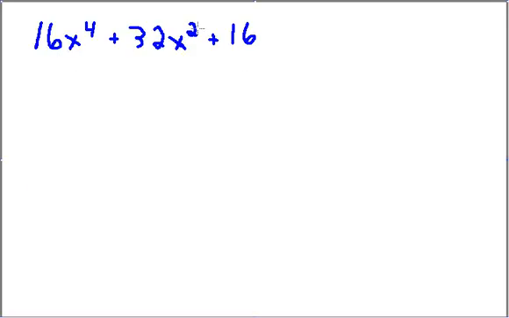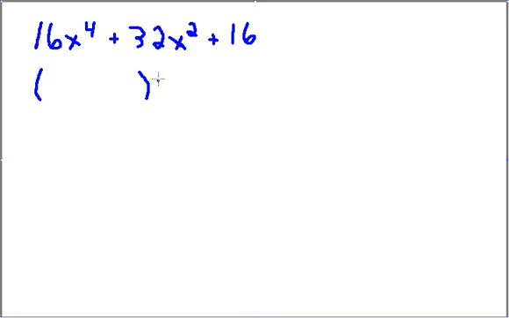Here's our trinomial. Now the first question that we need to ask ourselves, is 16x to the fourth the square of something? In other words, is there some number times itself that'll give us 16x to the fourth? Well, yeah, there is. It's 4x squared.